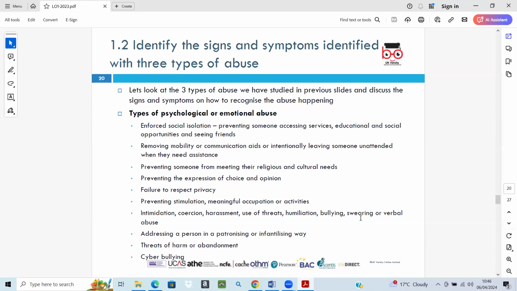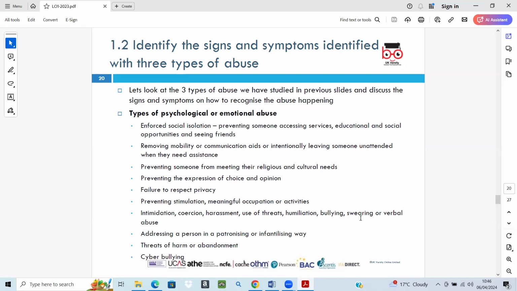So we need to identify those issues and rectify them. Then we have preventing the expression of choice and opinion. This occurs when an individual's choices and opinions are ignored or dismissed.